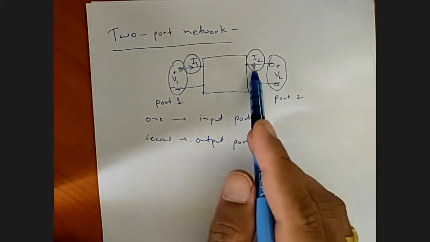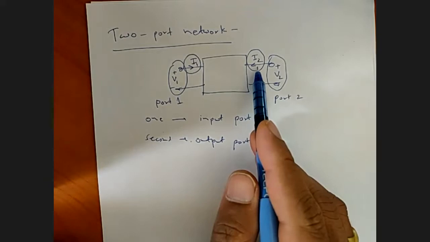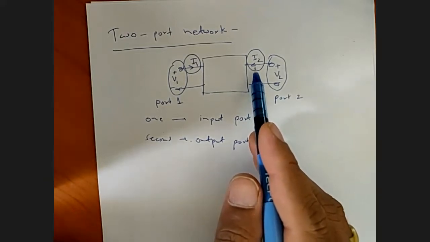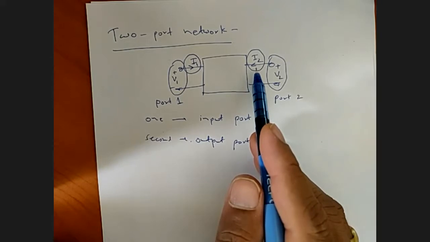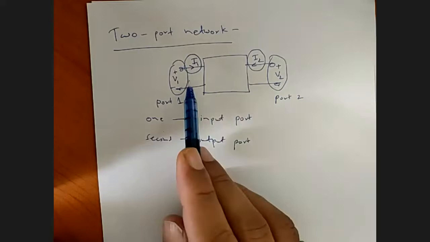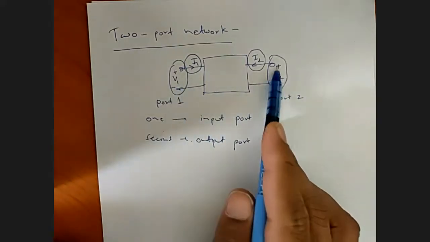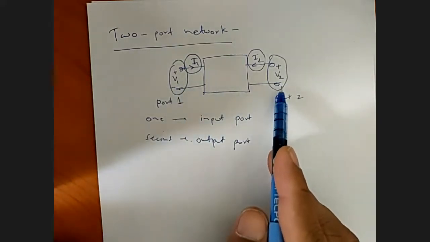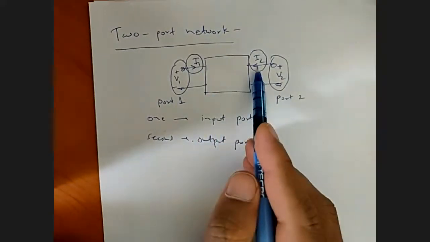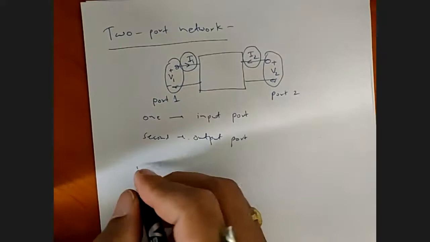Similarly, if the current is outgoing, then you have to take it as minus. So these are always fixed quantities. V1, V2 plus is upper terminal and minus is the lower terminal, and I1 and I2 are incoming. These are fixed.